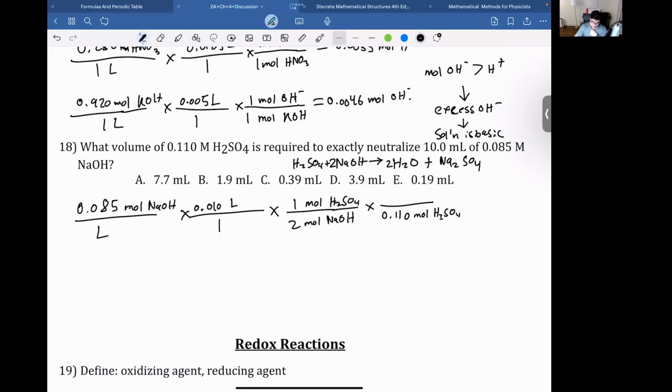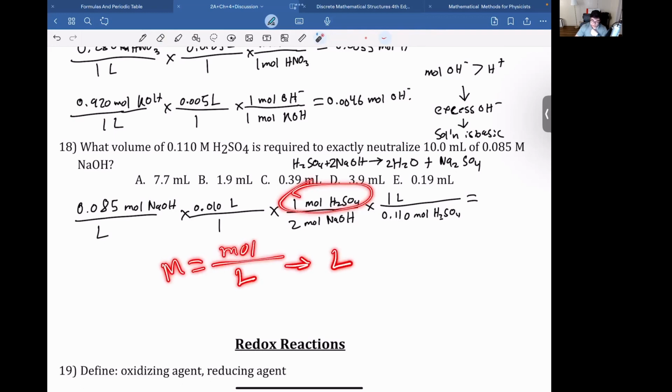Another way to do it that may make more sense is finding this, plugging into this, and then you can solve for the liters or the volume, because that's now moles divided by molarity, just from algebra.